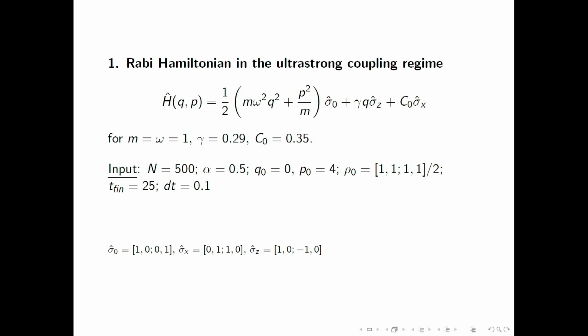What we present here are results for 500 particles and an alpha parameter of 0.5. We have an initial shift in phase space and use a Gaussian shape for the initial wave packet, and in the quantum sector we use this density matrix.